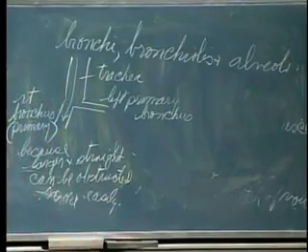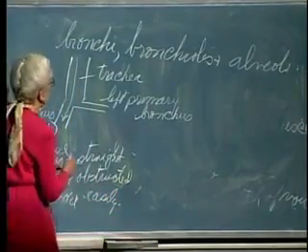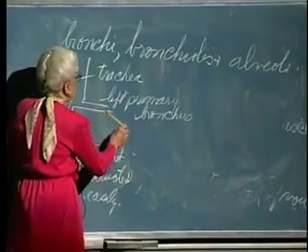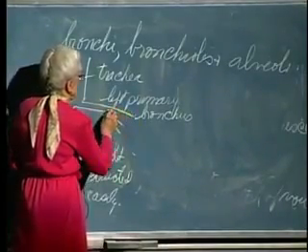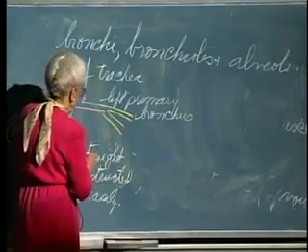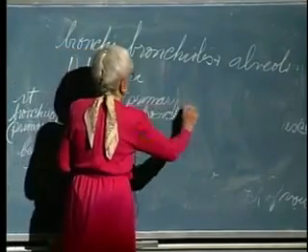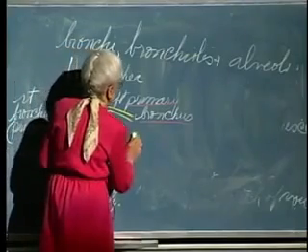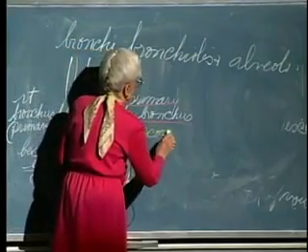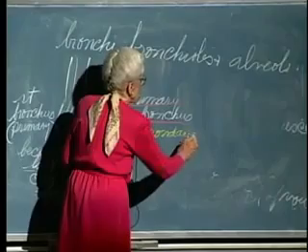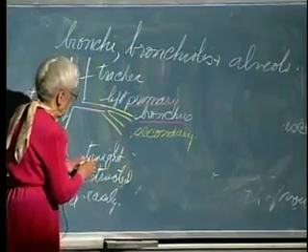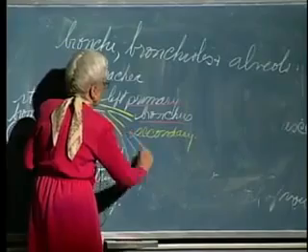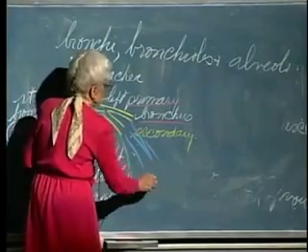So we go from our primary bronchus to our secondary bronchi, and then we go to our bronchioles. I'm just going to draw them this way.